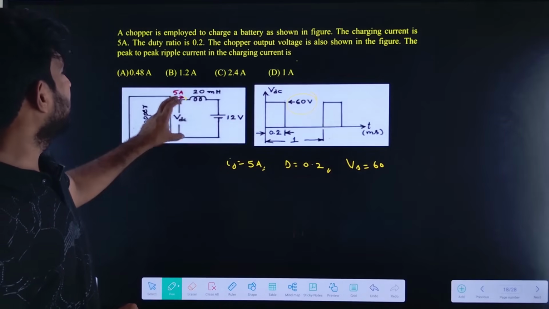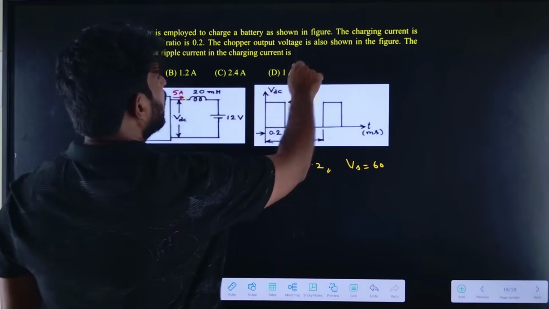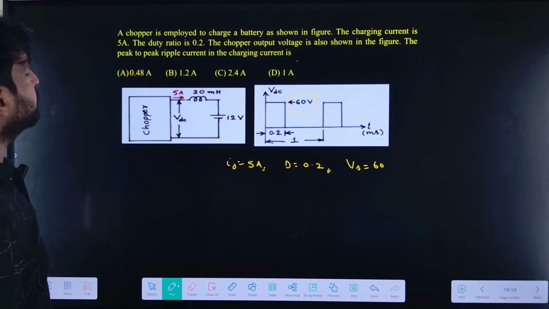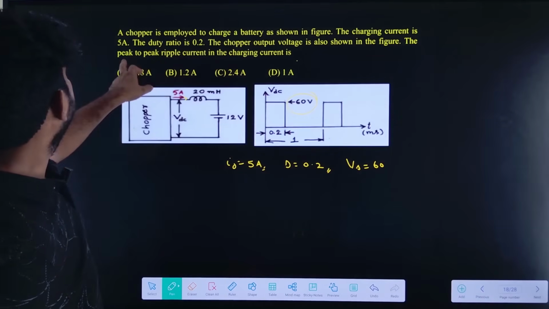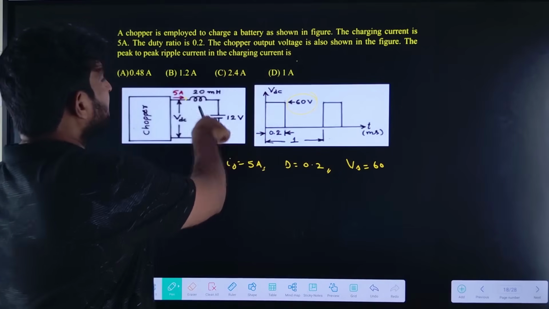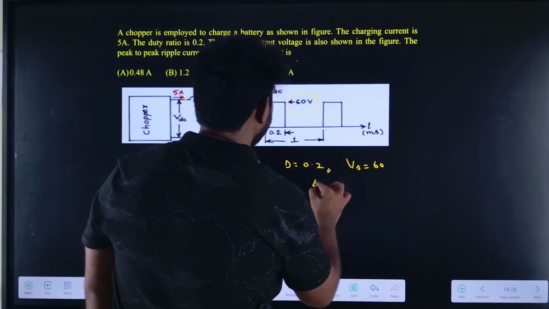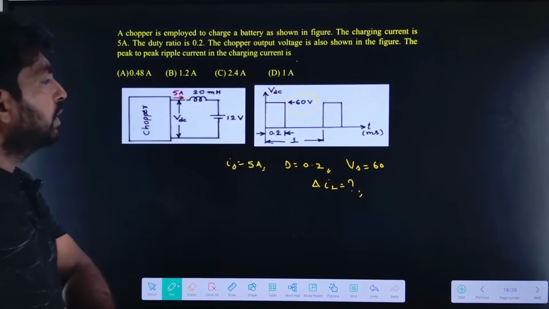What are the remaining things? They need the peak to peak ripple current of the charging current, which is the output current. So that is delta IL, which we need to find.